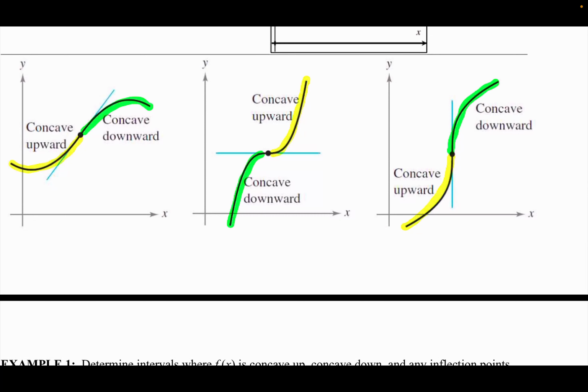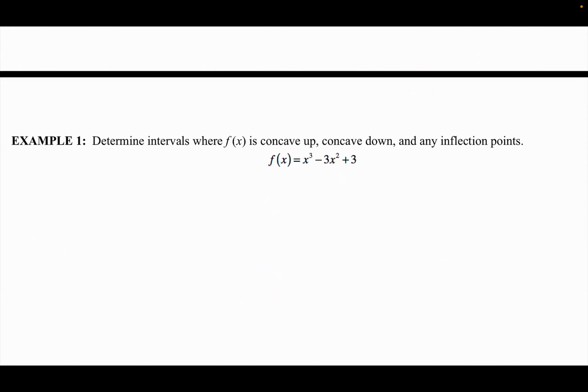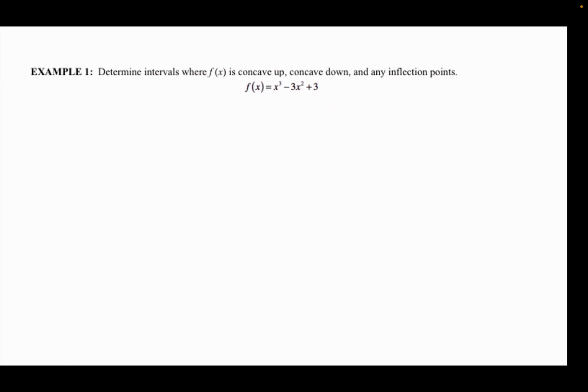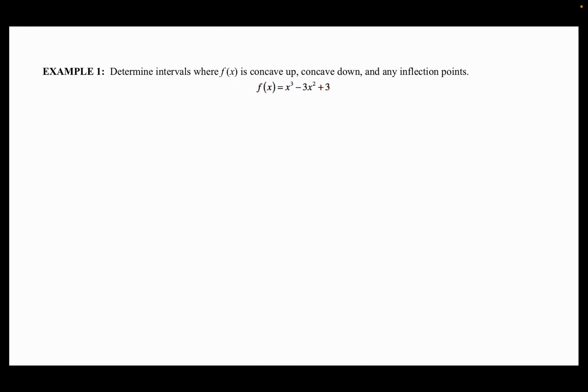Okay, so let's get to the first one, number 1 on the back of the first page. Determine the intervals where it's concave up, concave down, and where any points of inflection are. Those are our key words: concave up, concave down, inflection. That means second derivative. So the first thing I have to do is find the second derivative.